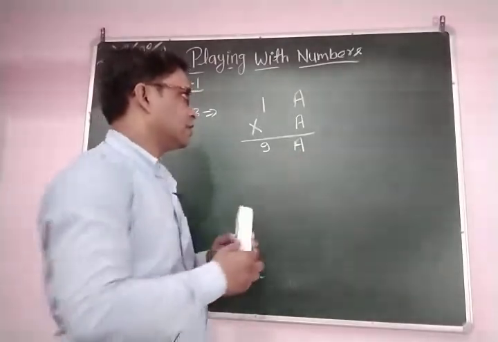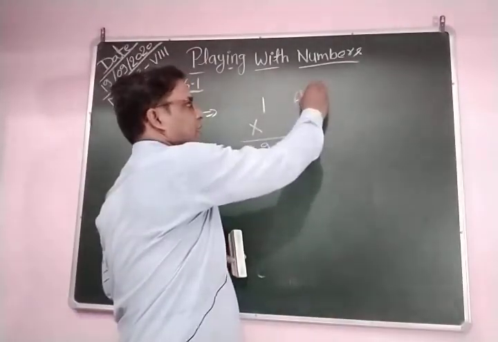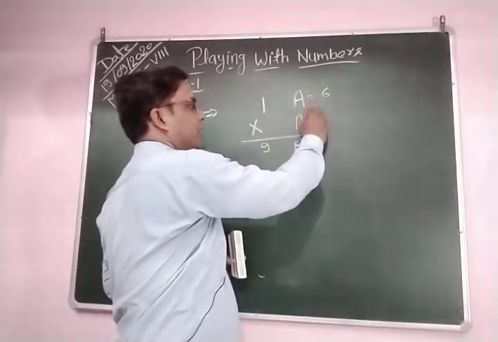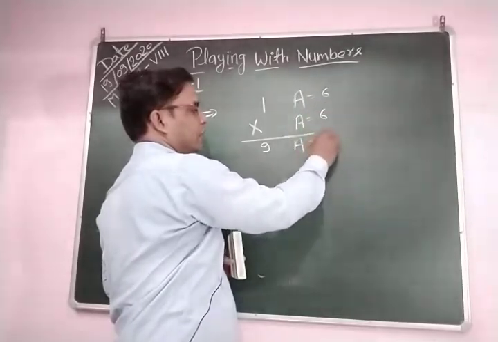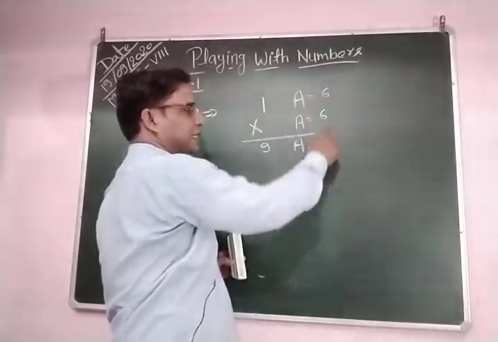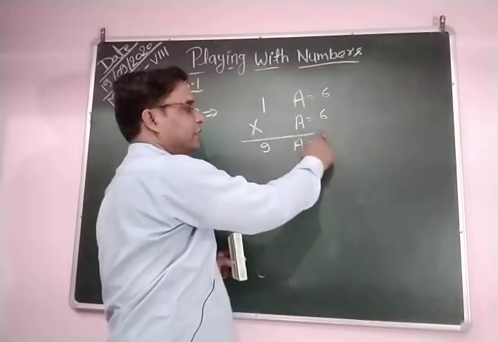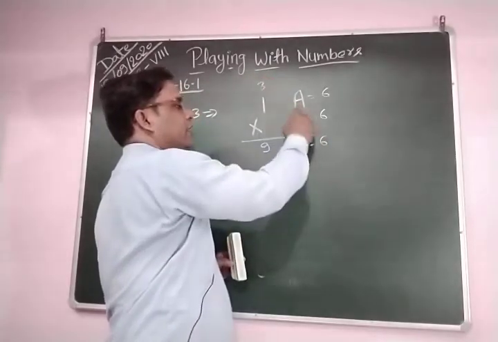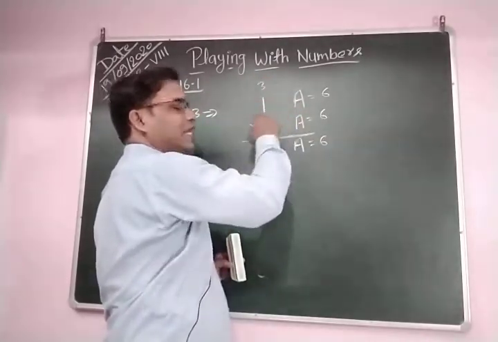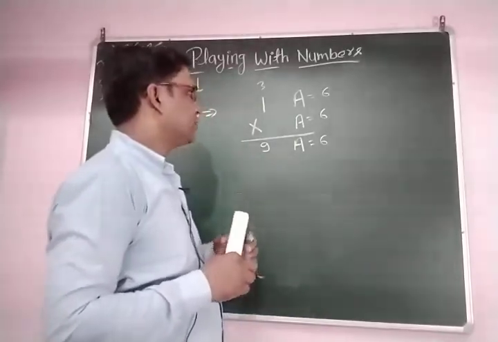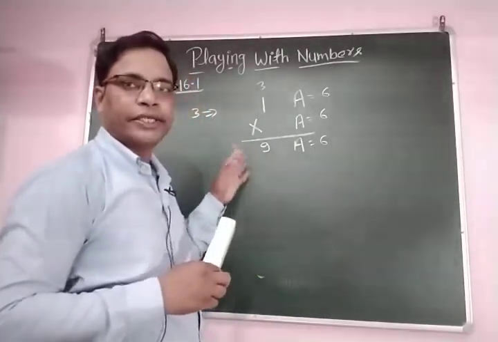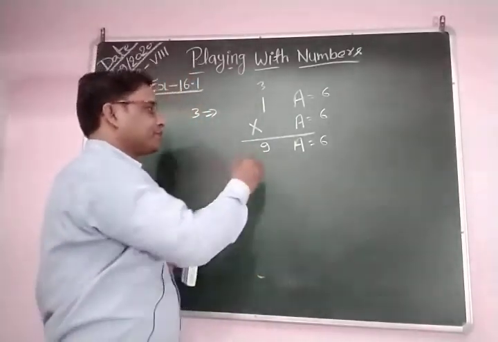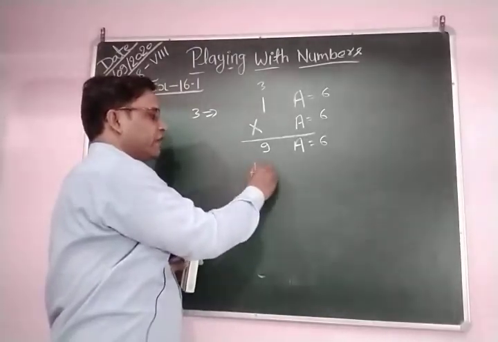Here you write 6 and carry 3. Then 6 into 1 is 6, and 6 plus 3 is 9. This is the correct answer. The value of A here is 6.